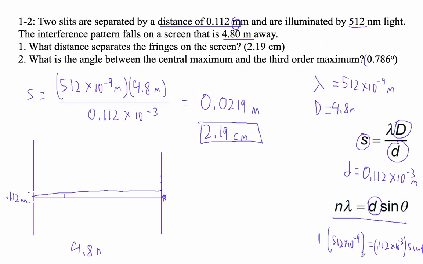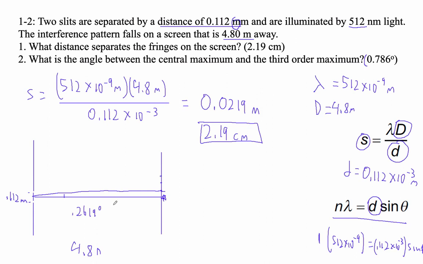So it's going to be the inverse sine of this, so 1 times 512 e to the negative 9 divided by 0.112 times 10 to the minus third, and this angle here is 0.2619 degrees. And then I can find this distance here legitimately by doing something with tangent, right?